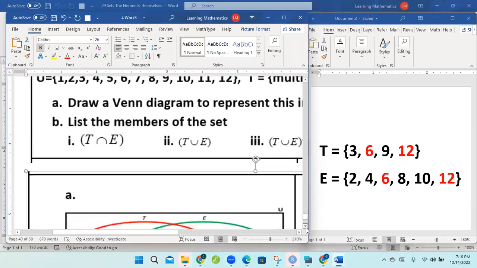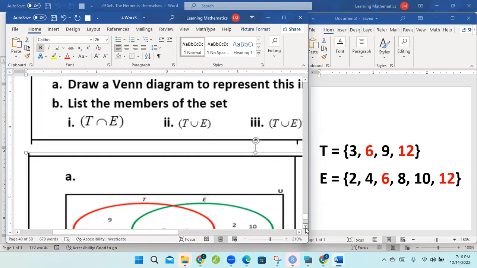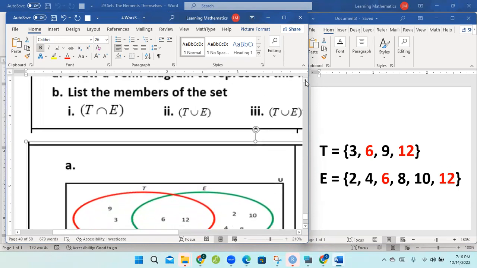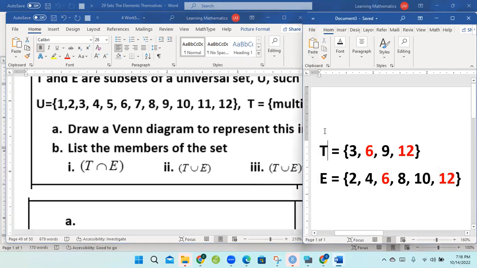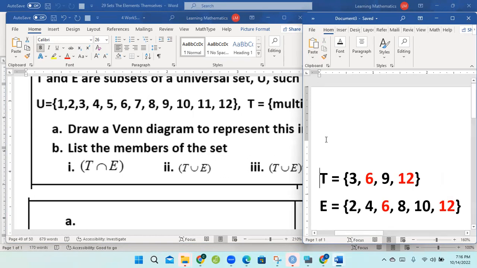And all the rest will go outside of the Venn diagram.